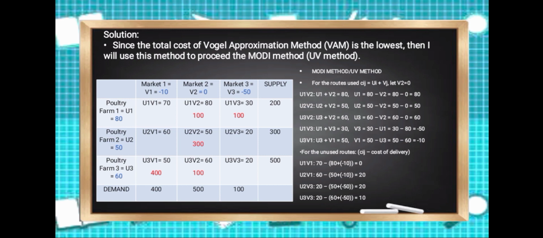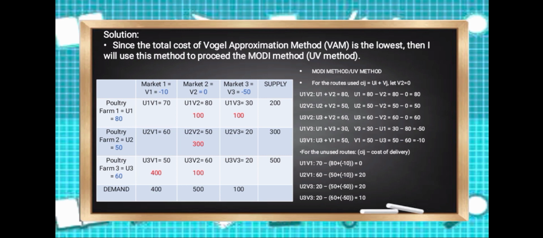In the MODI method, or UV method, first we calculate the row and column values, using the formula Cij is equal to Ui plus Vj. Let V2 be equal to 0, since column 2 has the most occupied cells. Now we proceed to the occupied cells.